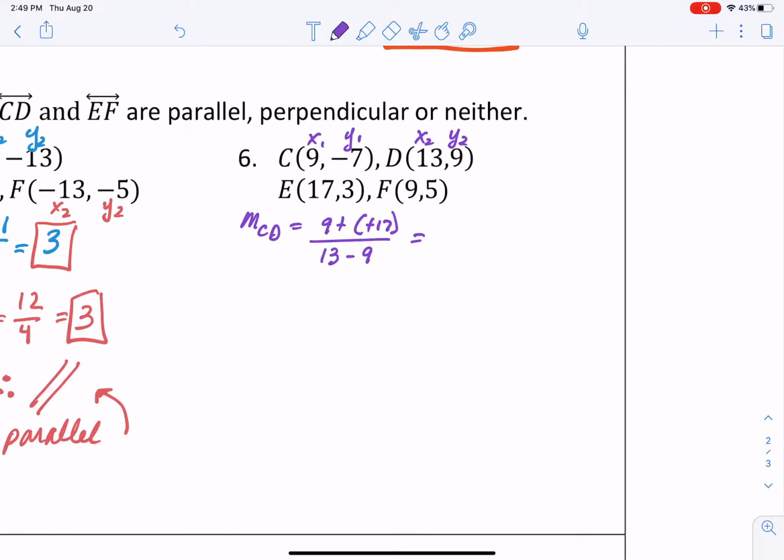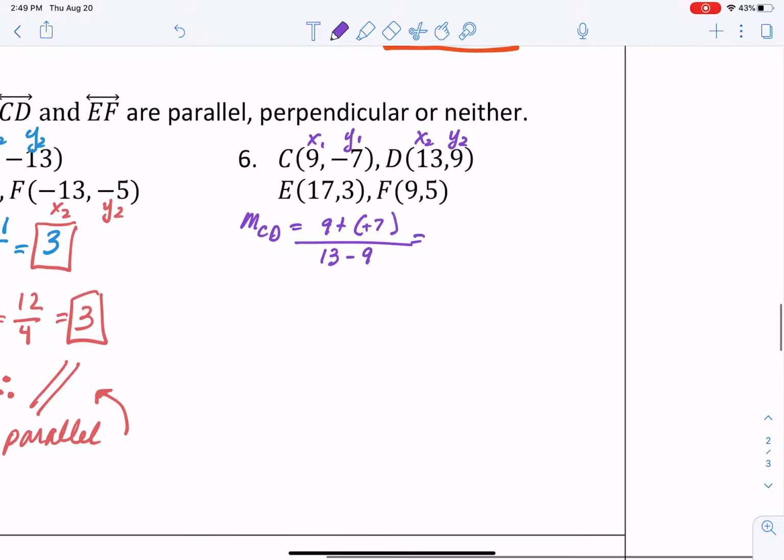Oops, let me fix this. That was negative 7, not 17. So that's 9 minus a negative 7 becomes positive, and 13 minus 9. So that is 16 over 4, which is 4.